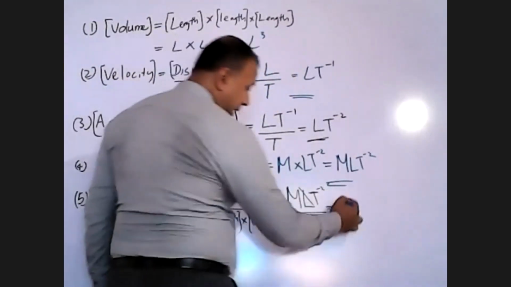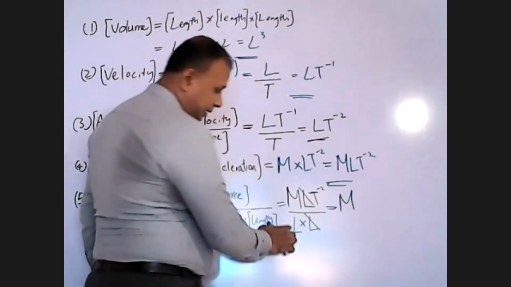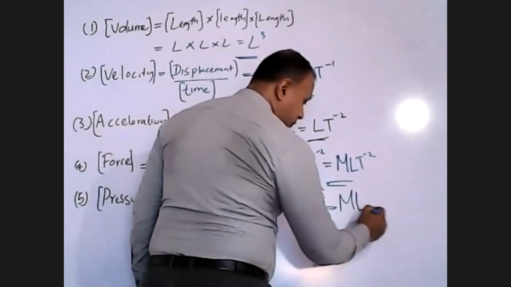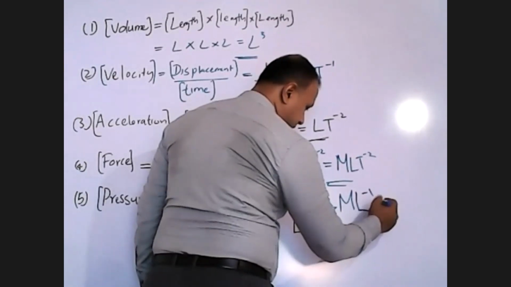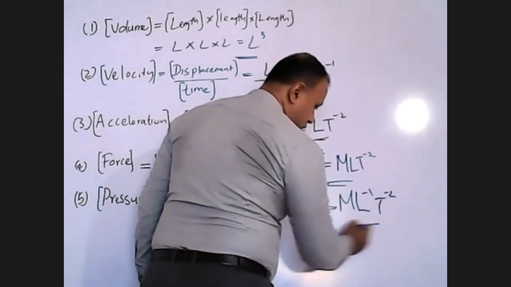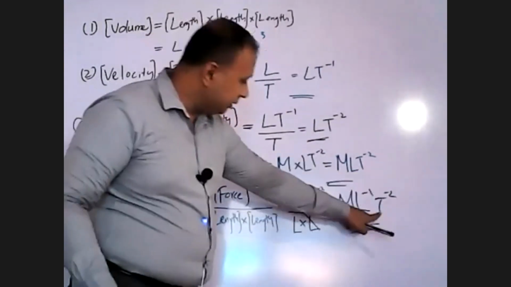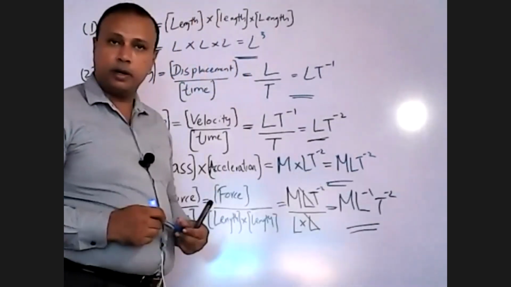Then it is plus L plus 1, it will become minus 1. So M, L to the power minus 1, T to the power minus 2. Okay.